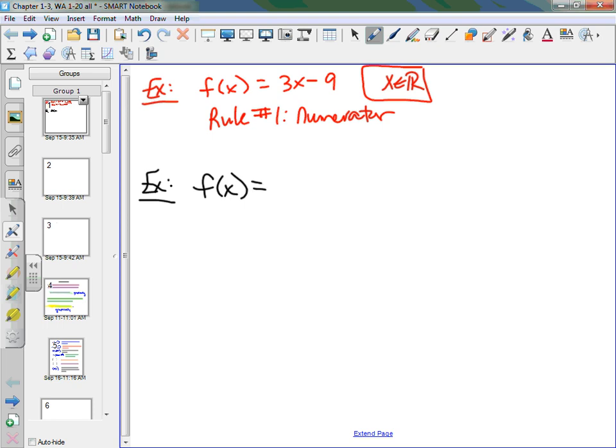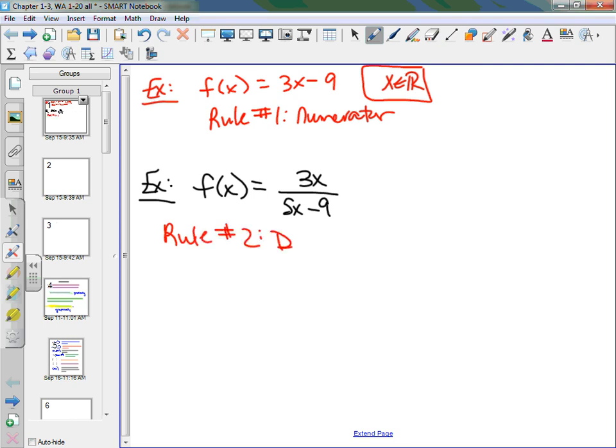Next example. F of x is equal to 3x over 5x minus 9. What rule is it? It is rule 2.